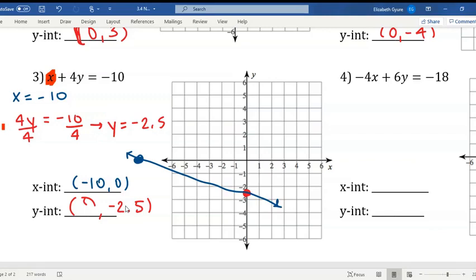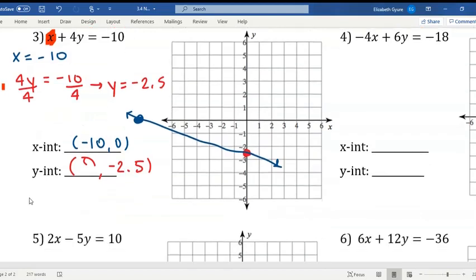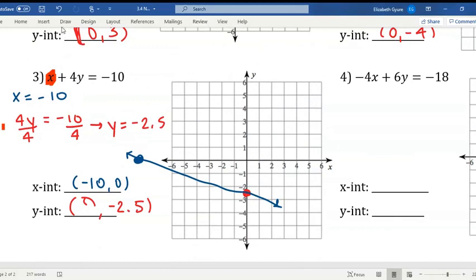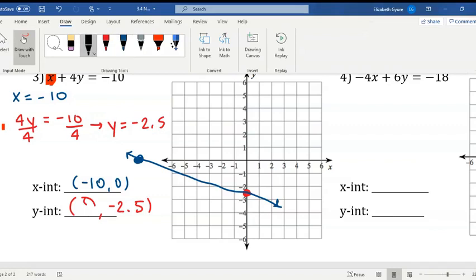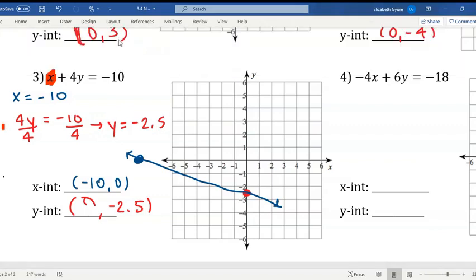Now there is another strategy we can use if you get weird numbers and you're like, oh, these are weird decimals, I don't like these. We can also find the slope using the little formula I gave you up above. Do you guys remember talking about rise over run? It's like that.